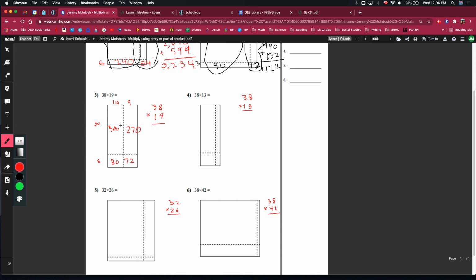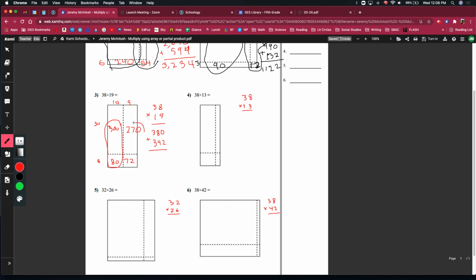We can do this again. So I'm going to do 300 plus 80 is 380 plus 270 plus 72. Let's see, 2, 14, 1. So 342.